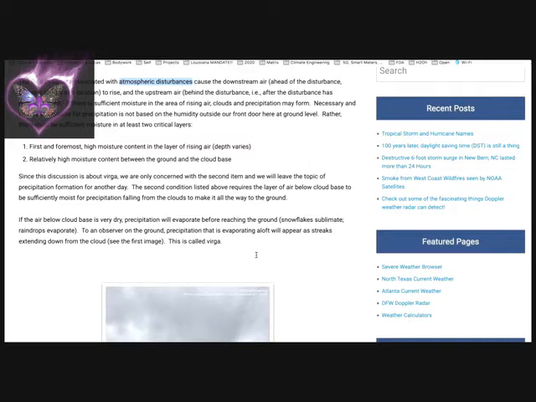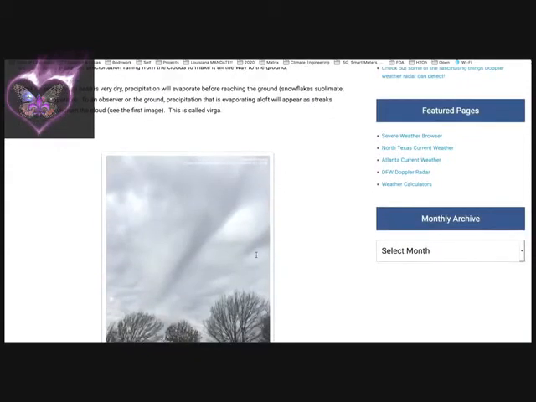The second condition listed above requires the layer of air below cloud base to be sufficiently moist for precipitation falling from the clouds to make it all the way to the ground. If the air below cloud base is very dry, such as when Doppler radar is being employed, precipitation will evaporate before reaching the ground.